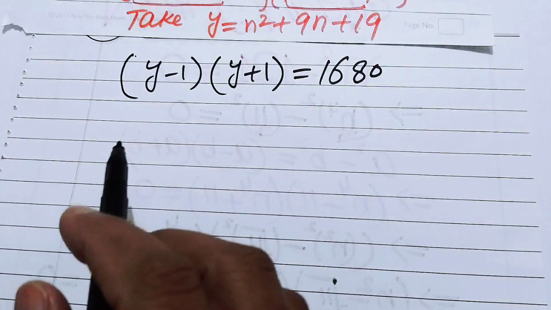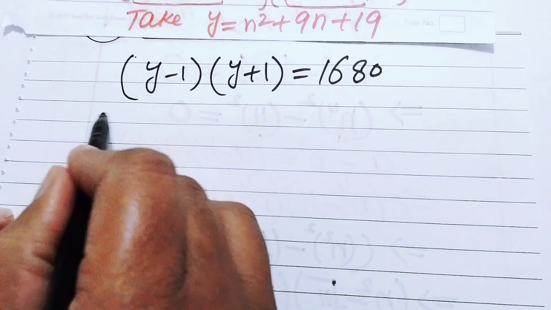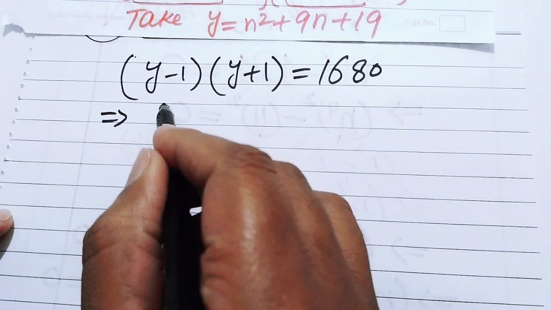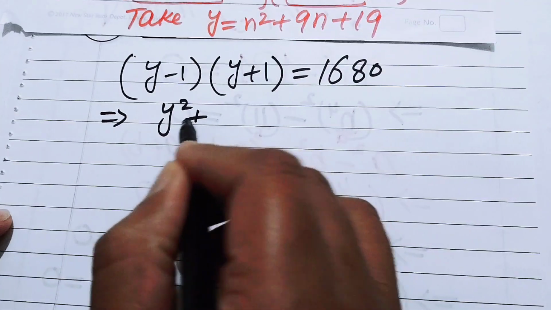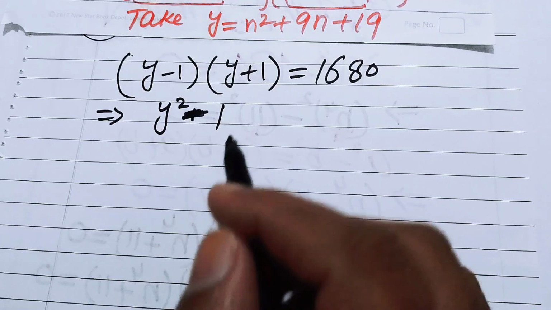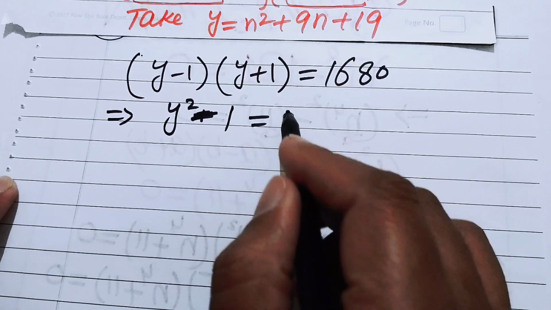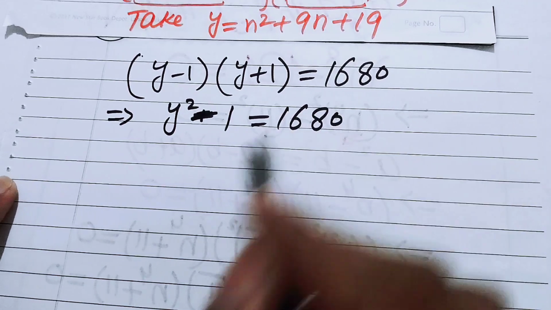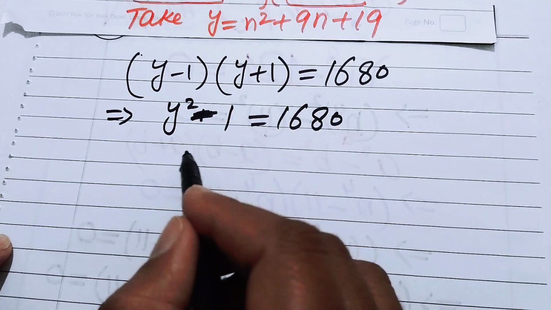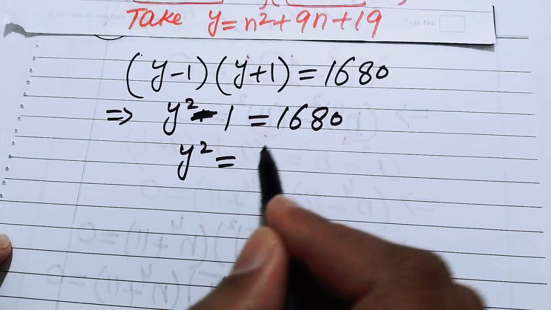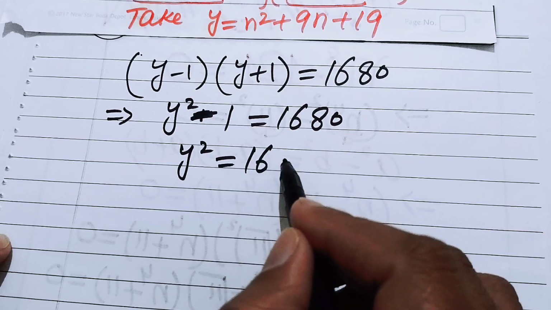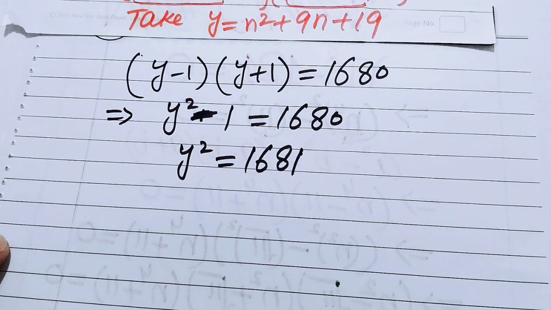On the left hand side you have y minus 1 times y plus 1, which equals y squared minus 1, and on the right hand side we have 1680. So here we move this minus 1 to the right hand side, and you get y squared equals 1681.